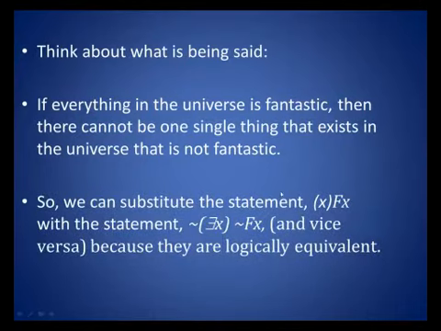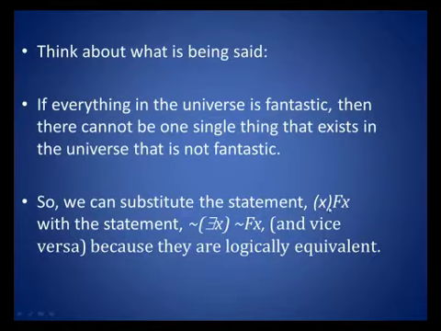So we can substitute the statement for all x, Fx with the statement it's not the case that there exists an x such that x is not F, and vice versa, because they are logically equivalent. So think about it again. This existential statement is telling me it's not the case that there exists an x that is not fantastic, which is the same thing that's being said by the universal statement.